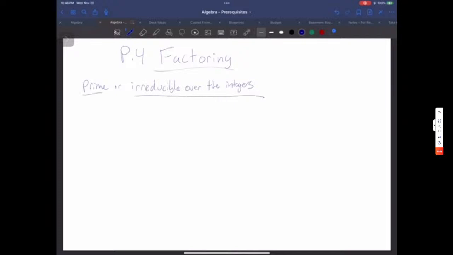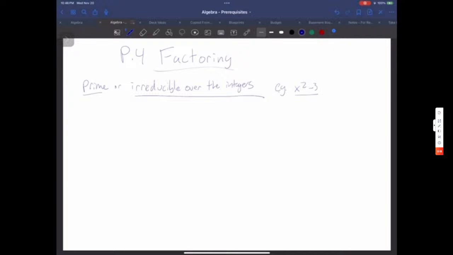For instance, the polynomial x squared minus 3 is irreducible over the integers. Over the real numbers, this polynomial can be factored as a difference of squares. But 3 isn't a square, right? Because it's not an integer square.